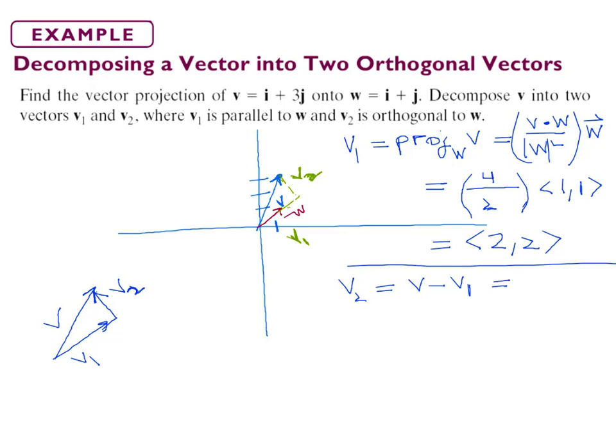So we have v equals 1, 3, and v1 is equal to 2, 2. So minus 1, 1 is v2, right?